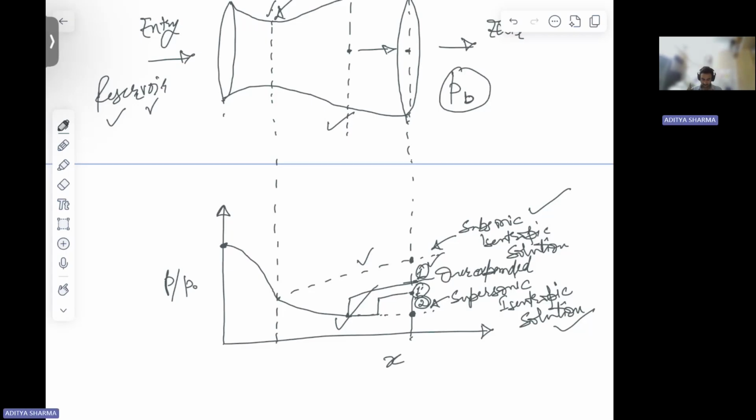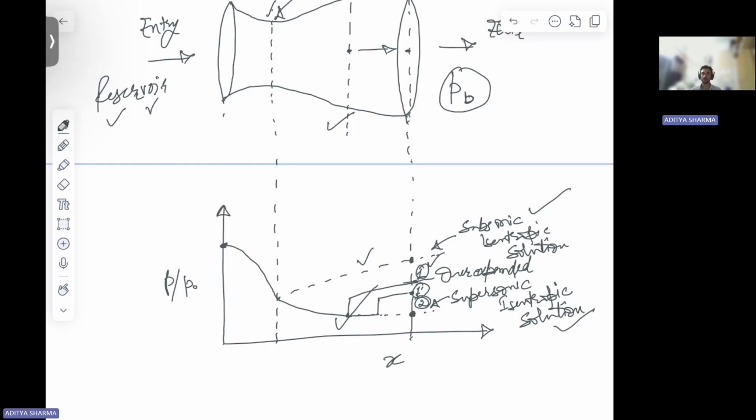Then there is the case where your back pressure is equal to your exit pressure. That is the design case, right? And in case your exit pressure is greater than your back pressure, that is your underexpanded case, where you can further expand this flow.